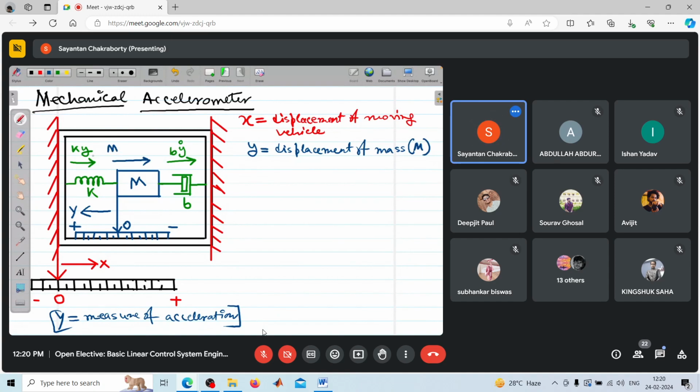Now this inertial force will be a function of the relative displacement of the mass with respect to the inertial frame of reference.